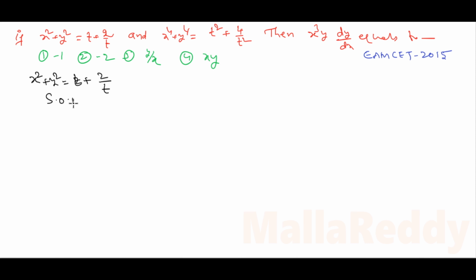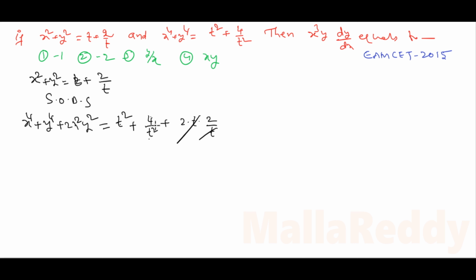Squaring on both sides, that is (x square plus y square) whole square, that is x to the power of 4 plus y to the power of 4 plus 2x square y square is equal to (t plus 2 by t) whole square, that is t square plus 4 by t square plus 2 into t into 2 by t. Here t cancelled.